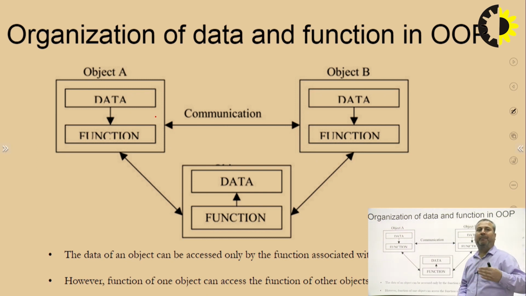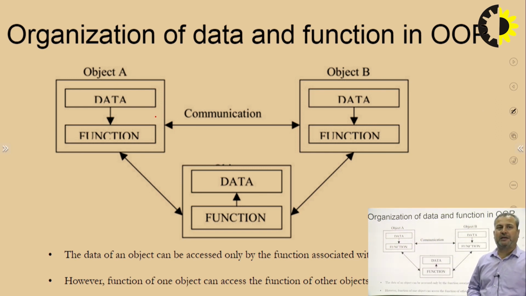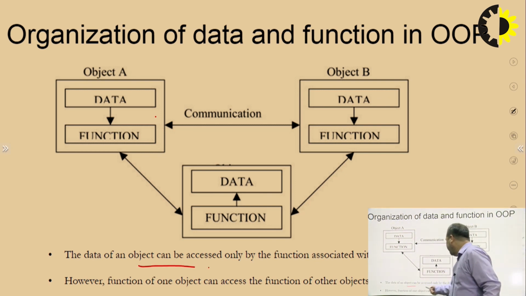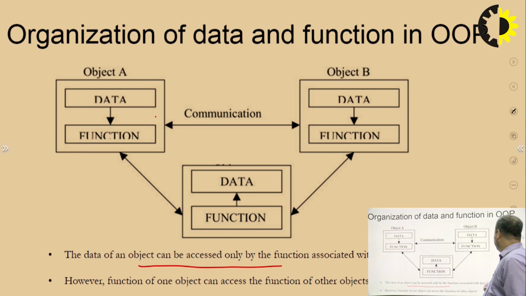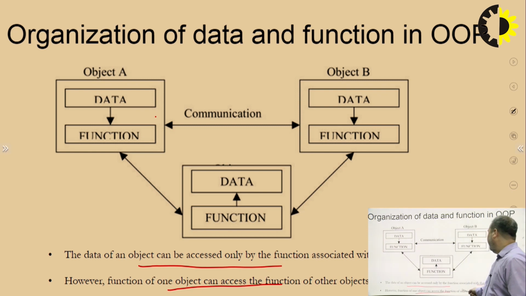Since it is wrapped, of course it will be more secure in comparison to procedure oriented programming. The data of an object can be accessed only by the functions associated with that object. It cannot be accessed by any function of some different class or object. However, a function of one object can access the function of another object, right?